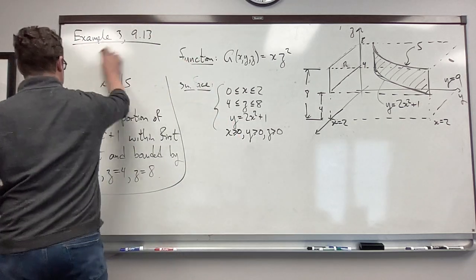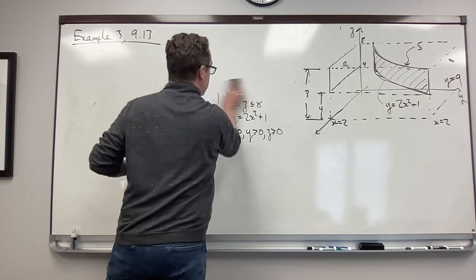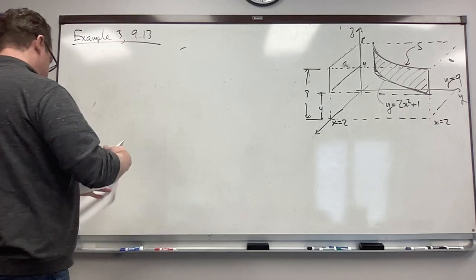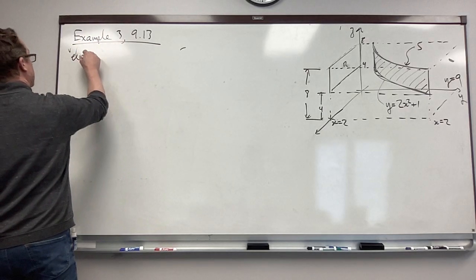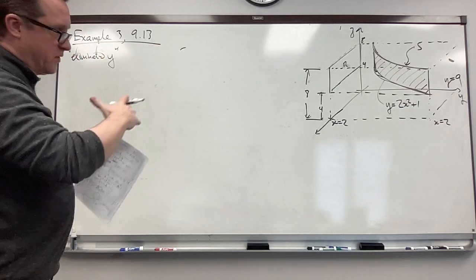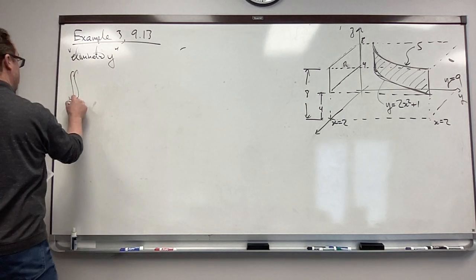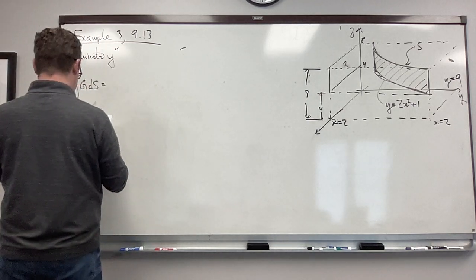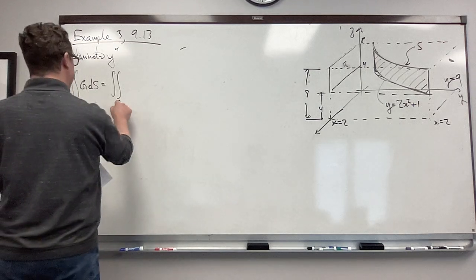Let's go ahead and start to build the integral. I'll leave the diagram up as we go. We're going to eliminate y, or think of y as the height function over the xz plane. So this integral then turns into an integral over R, the region in the xz plane.